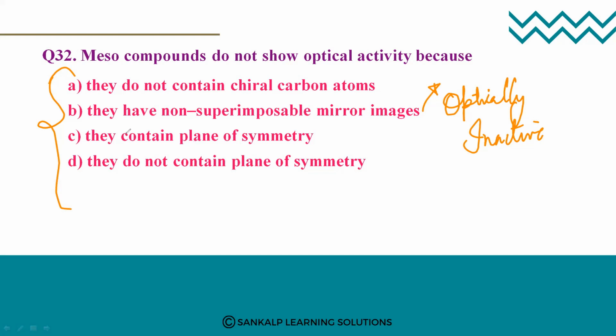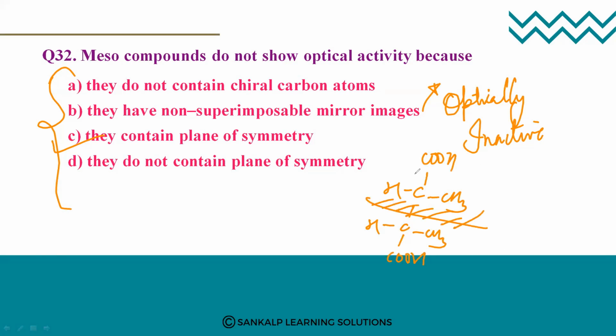What do meso compounds contain? Meso compounds contain a plane of symmetry. So due to the plane of symmetry, suppose this is a molecule, I'm just giving you an example. What will happen? Half of the molecule will be cancelled by the other half.